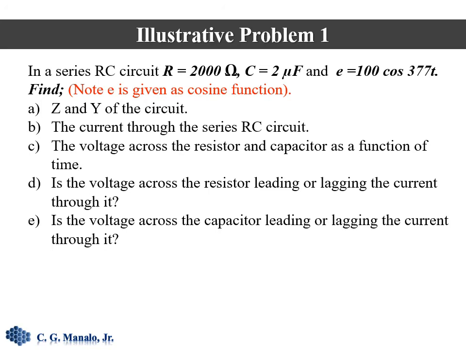So here we have a series RC where the source is given as a cosine function, and we're asked to determine the impedance and the admittance of the circuit, the steady state current through the circuit, the voltage across the resistance and the capacitance, and whether this voltage is leading, lagging, or in phase with the steady state current.